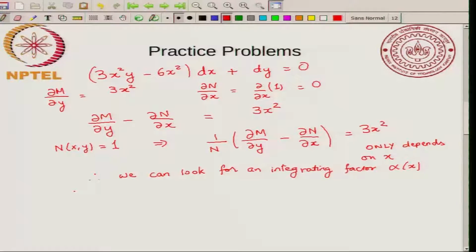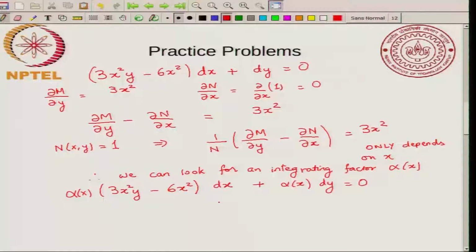Then our equation becomes alpha of x times (3x square y minus 6x square) dx plus alpha of x dy equal to 0. And now we know that this equation is exact.